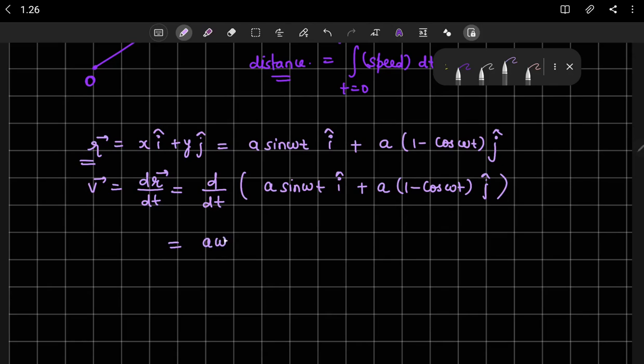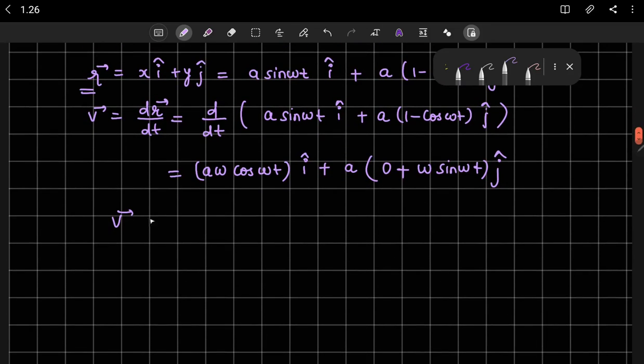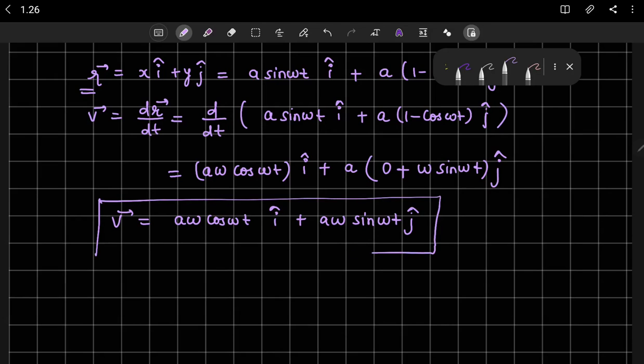So we will get a omega cos omega t into i cap plus a times, differentiation of 1 is 0 and differentiation of cos omega t will be minus omega sine omega t, so we will get plus omega sine omega t into j cap. So finally we will get the velocity vector as a omega cos omega t i cap plus a omega sine omega t j cap. So this is the velocity vector we got.